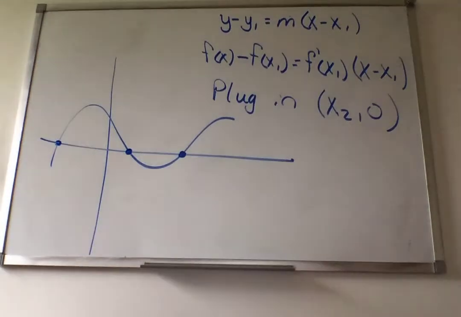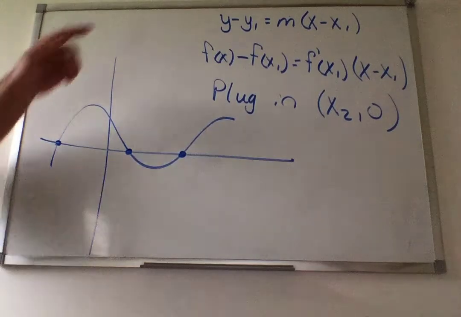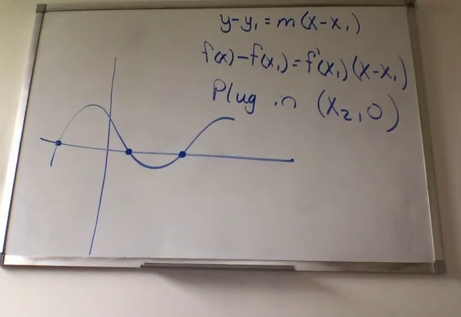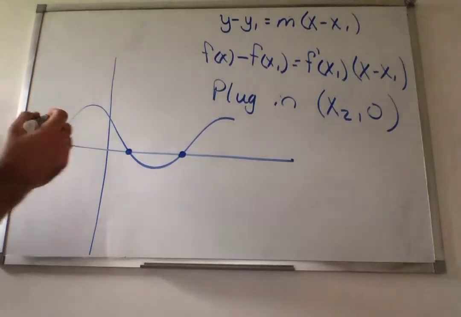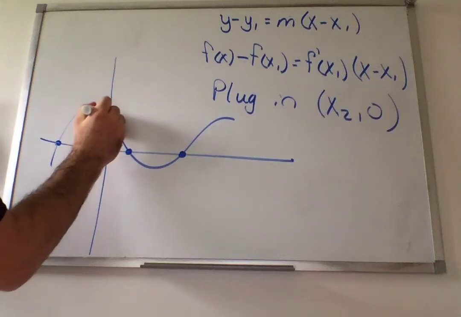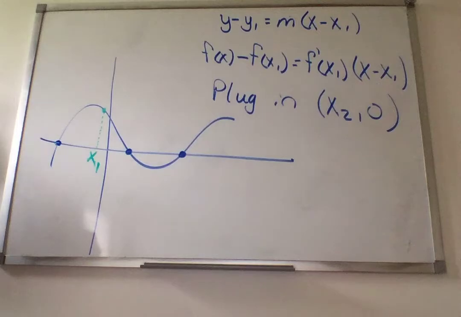Now let's apply Newton's method and see what it's going to do. We need the equation of the tangent line at some point x1, whatever that point may be. I'm just going to randomly pick a point. Let's say right there is x1.